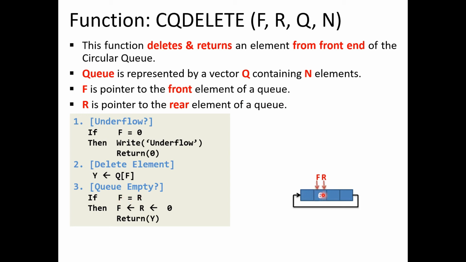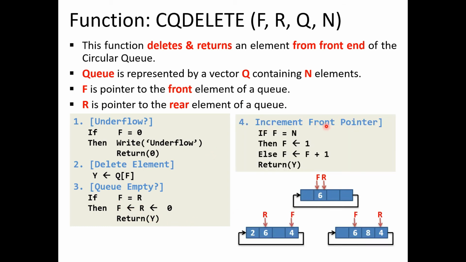If we delete this element 6 from here, then our front and rear both point at 0. So f is equal to 0 and r becomes 0. So this condition is satisfied and it will return y. So these steps return element 6 to us from this queue.